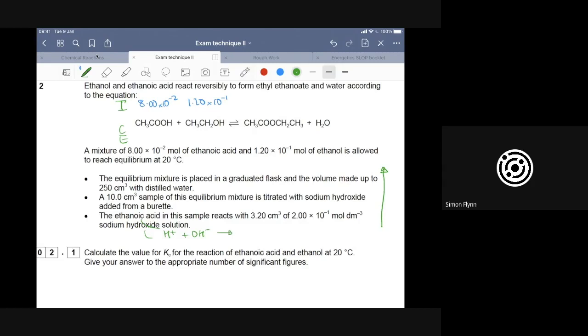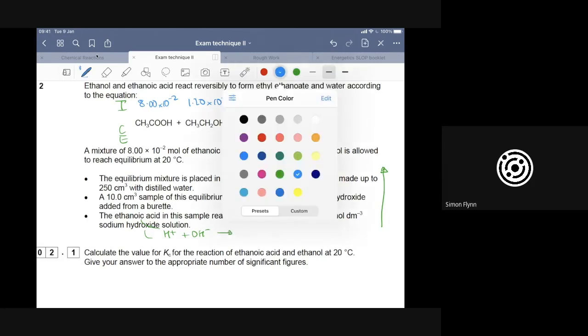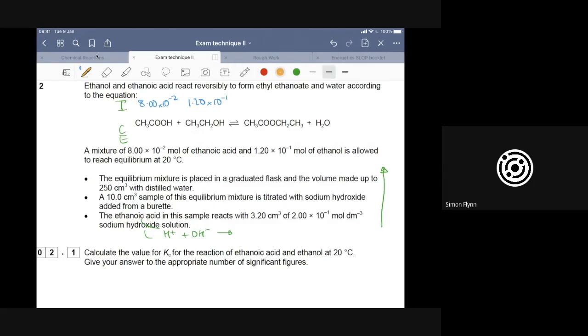The other thing you could annotate onto this as you were reading it through, I appreciate I haven't done this as systematically as I could have done, is notice you've made it up to 250. You've got a 10 centimeter cubed sample that you're titrating. So you've got to do it times 25. Just little things to remind yourself. So in a sense, what's happening here is this is going to give you this, which you then need to times by 25.